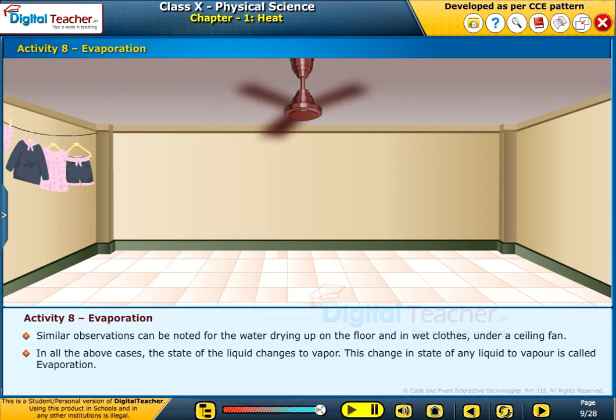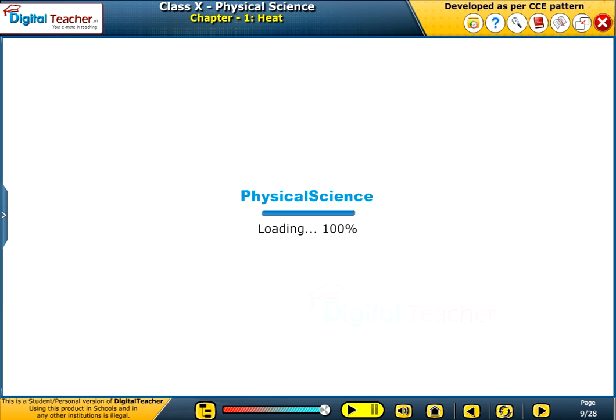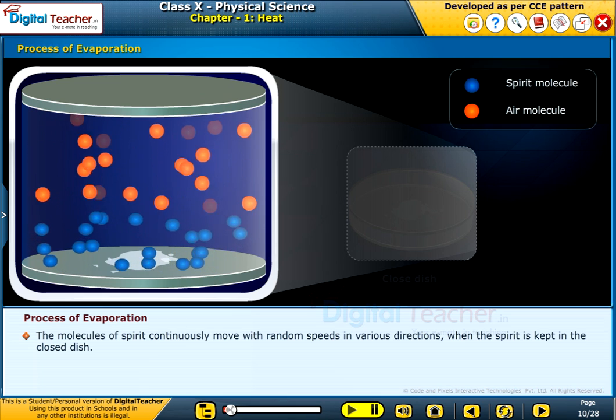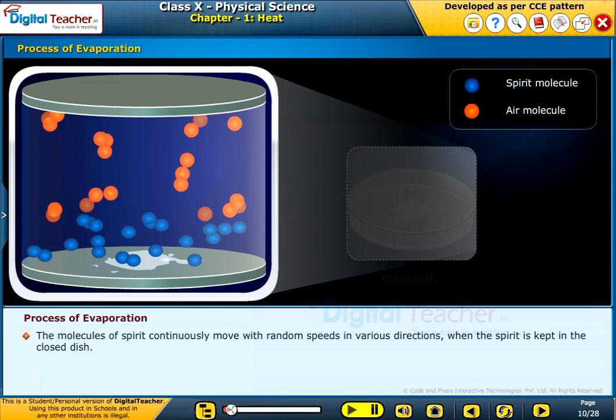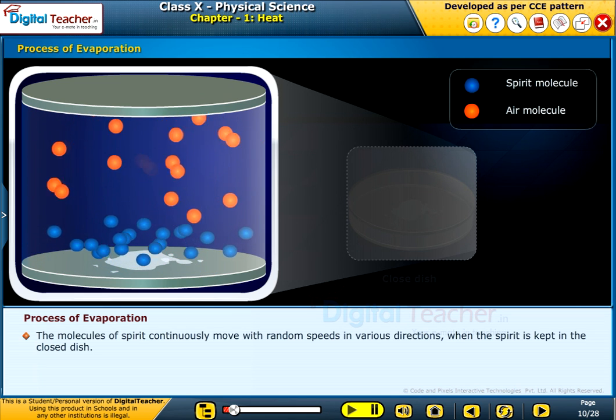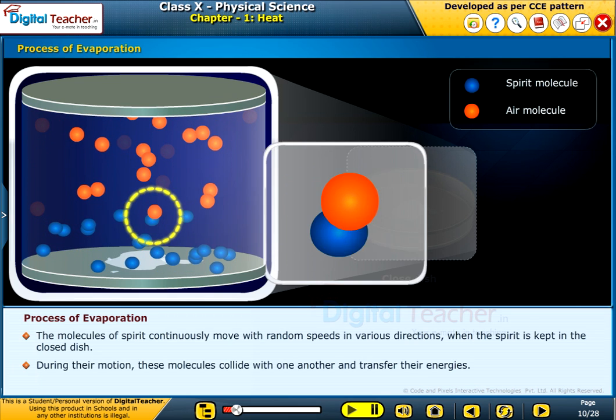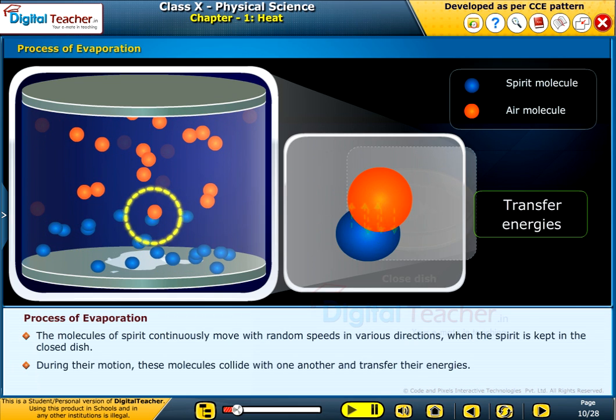Let us learn more about the process of evaporation to understand the reasons behind the above observations. The molecules of spirit continuously move with random speed in various directions when the spirit is kept in the closed dish. During their motion, these molecules collide with one another and transfer their energies.